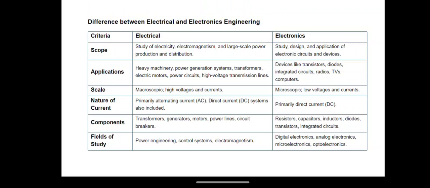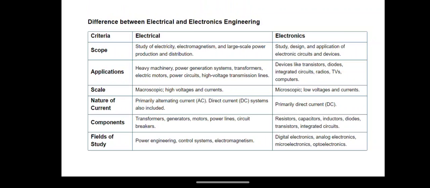But the mobile needs a DC for charging its battery. So what will be there in an adapter? Basically a step down transformer followed by a rectifier and a filter, which can reduce the 240 volt AC into 5 volt DC for charging purposes.